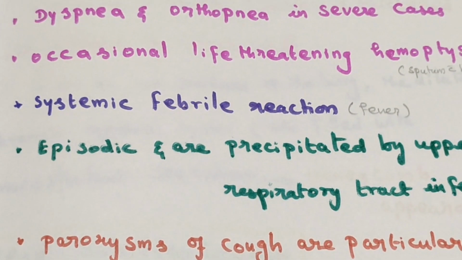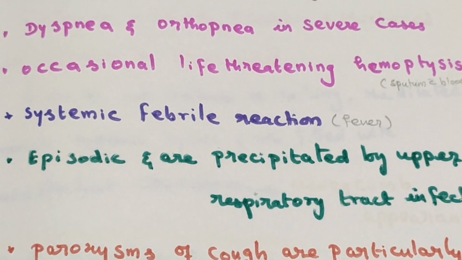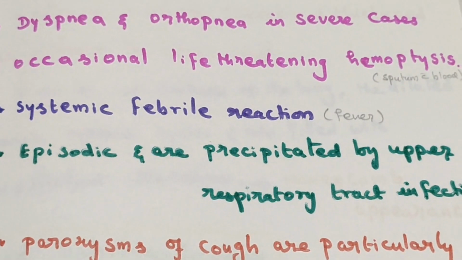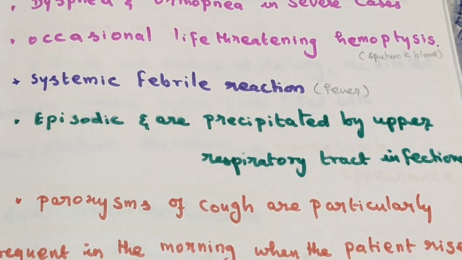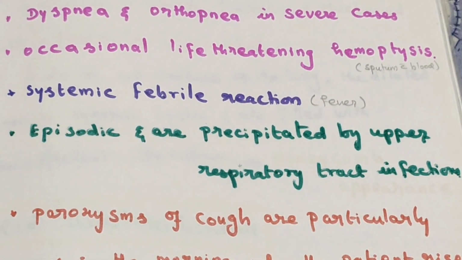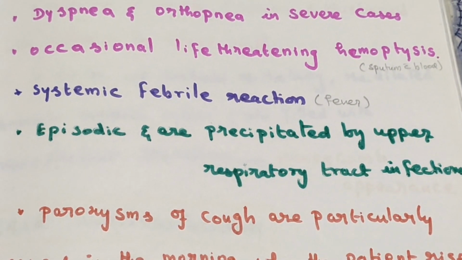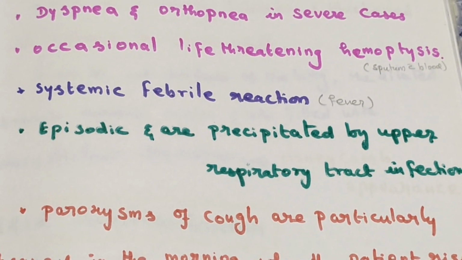Even the adjacent blood vessels can be destroyed. These destroyed blood vessels can have access to the bronchi, where the patient manifests with hemoptysis.